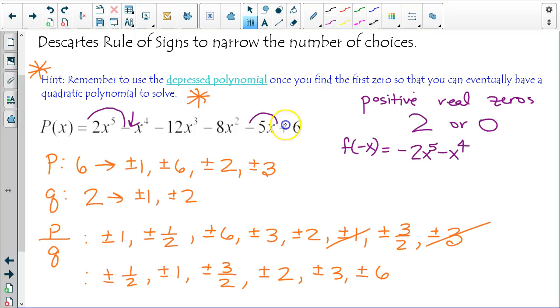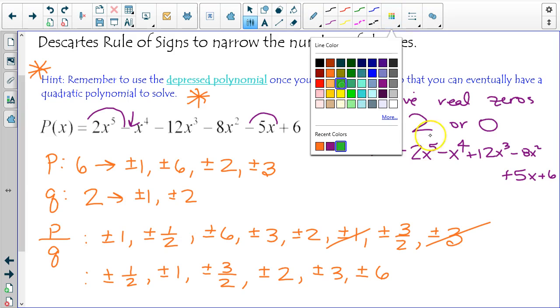Okay? So if this is a cube, what happens? Plus 12x cubed. This is even, so it stays negative 8x squared. That's odd, so plus 5x and then plus 6. And now I'm going to count my sign changes.